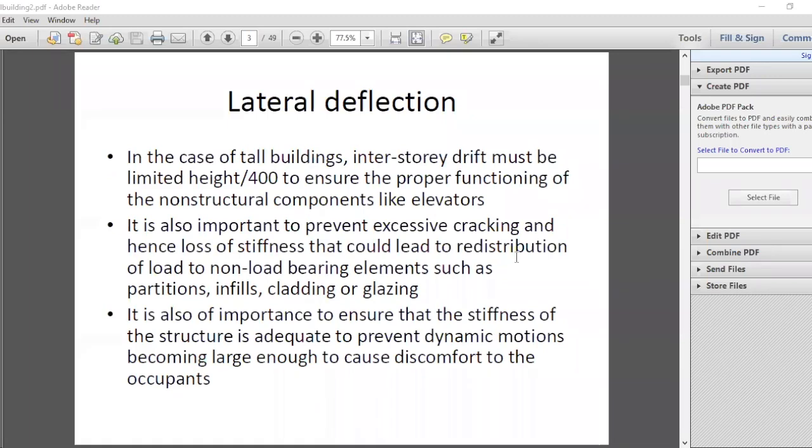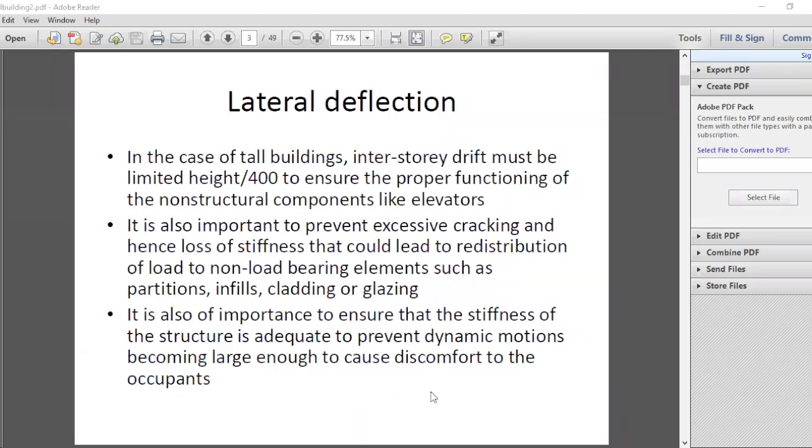And then the other important situation is, because the tall building is a cantilever, the tall building tends to move. If you consider the movement of the mouse that you can see, first the building will start moving in one direction, then it will come back, and when it comes back to the center, it cannot stop, it has to go back, and then it will come back again.